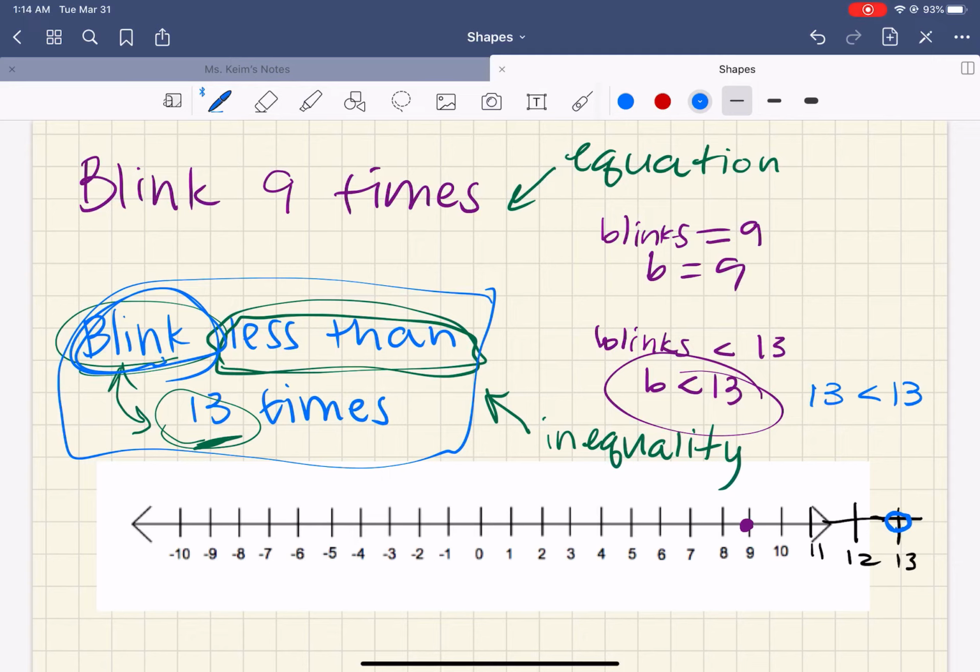So we're going to show 13 as our starting point, our boundary point, but we're not filling it in because 13 is not one of the solutions. And then to show the rest of the solutions, we need to show all of the numbers less than 13. So we're going to use a line and show all the numbers less than 13.